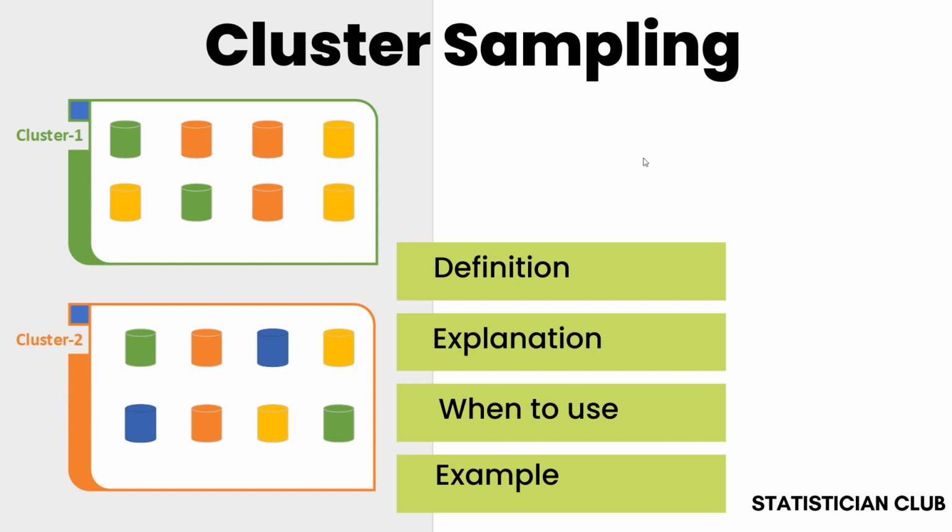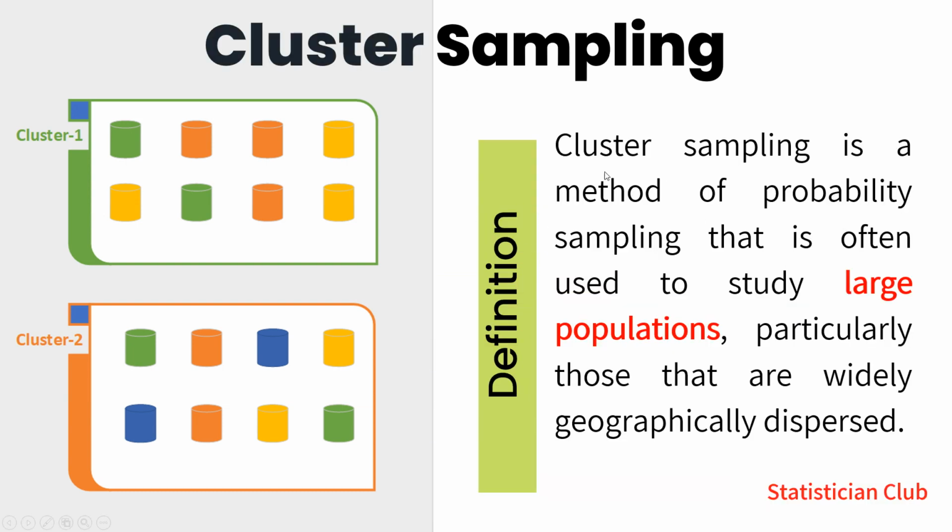In this video we discuss cluster sampling, its definition, explanation, when we use cluster sampling, and examples in daily life. Cluster sampling is a method of probability sampling. As you know, for selection of a sample with the help of sampling techniques, we have two procedures: probability sampling and non-probability sampling, and these two types have further classifications.